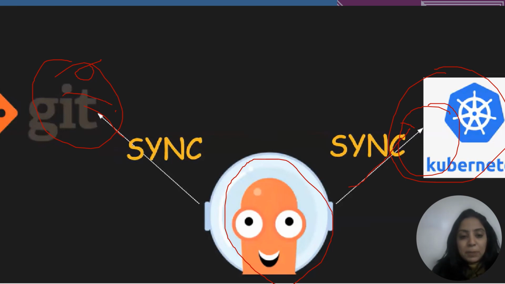We have a manifest file in Git. The GitOps tool, Argo CD or whichever tool you are using, will take this manifest file and place it in Kubernetes. When it is placed in Kubernetes, it means they both have the same values.